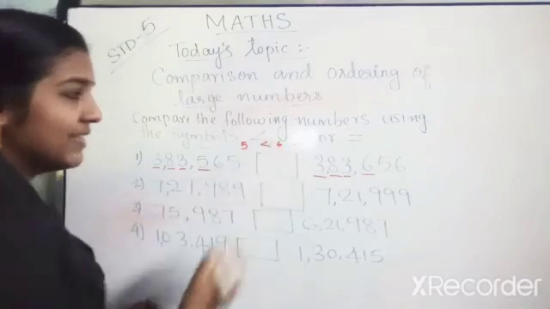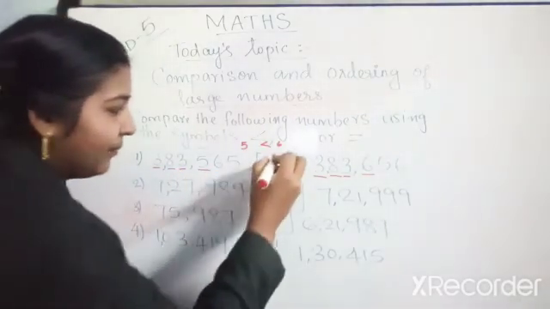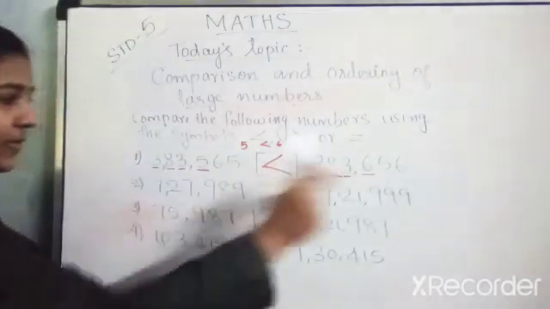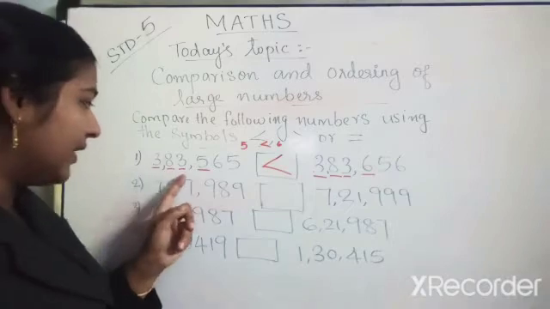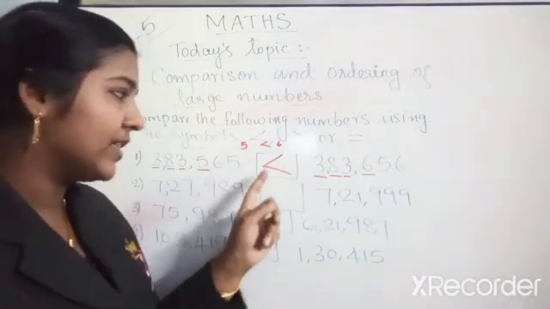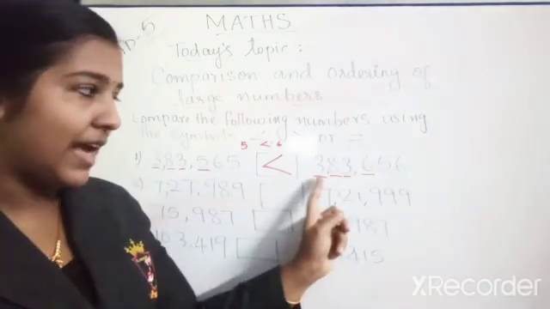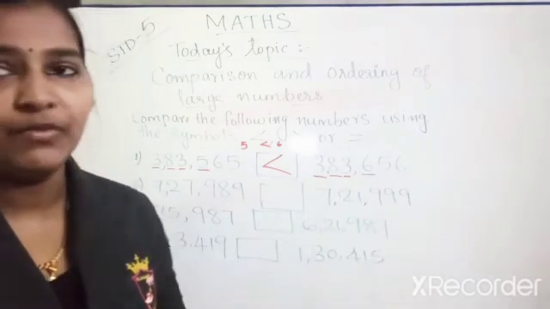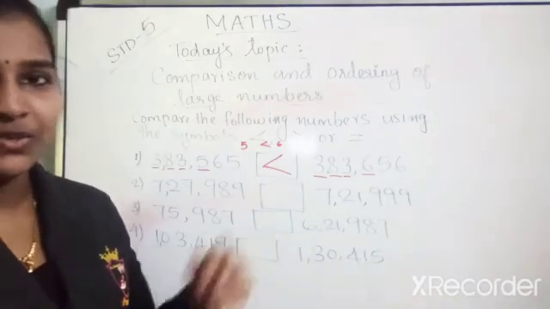So the symbol is less than, isn't it? So we can put the less than symbol for these numbers. Okay? That means 3,83,565 is less than 3,83,656. Okay children? So this way you can answer.